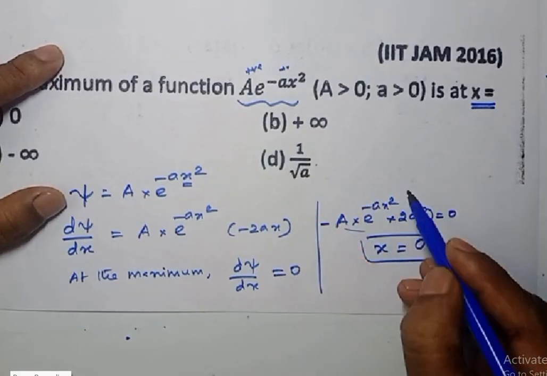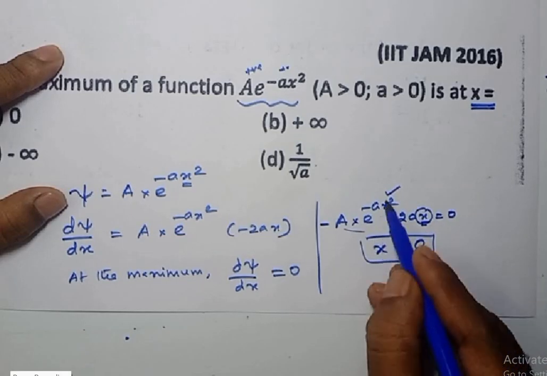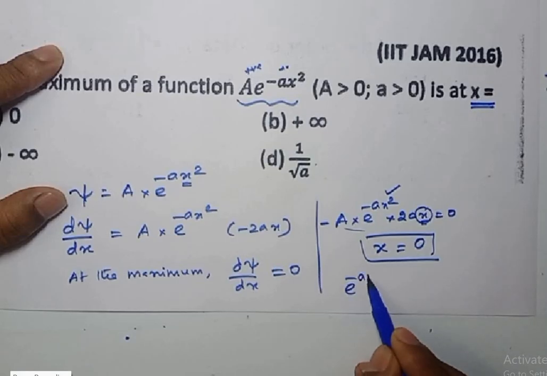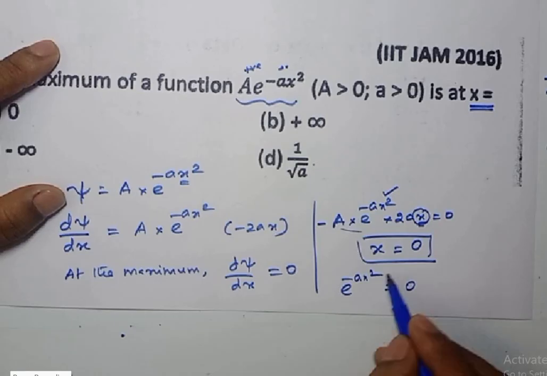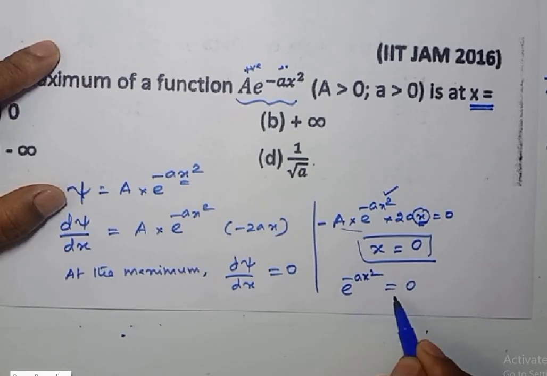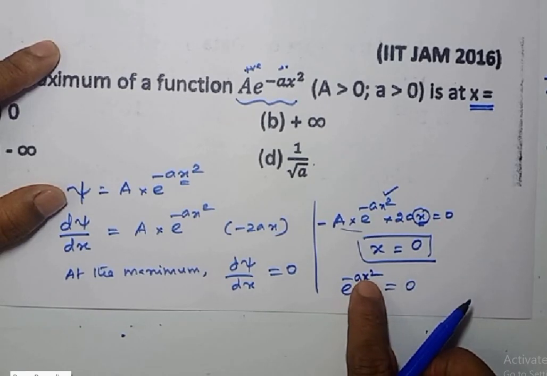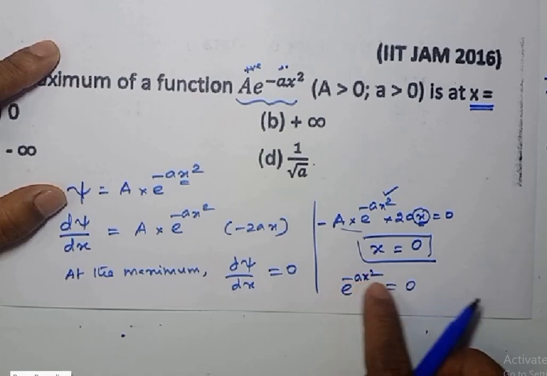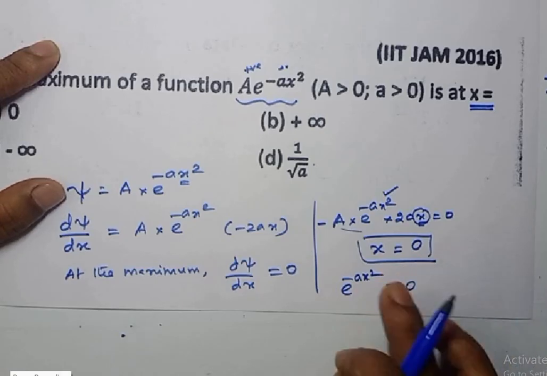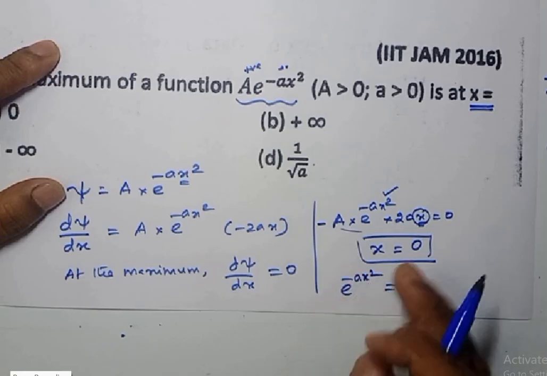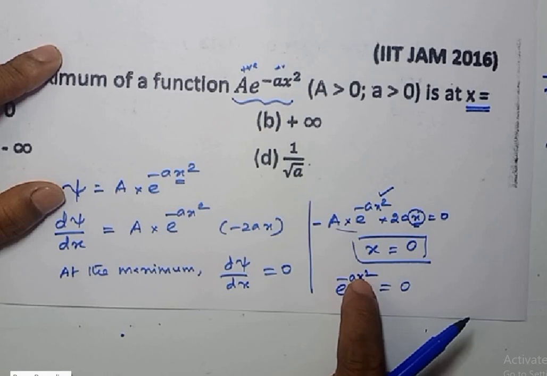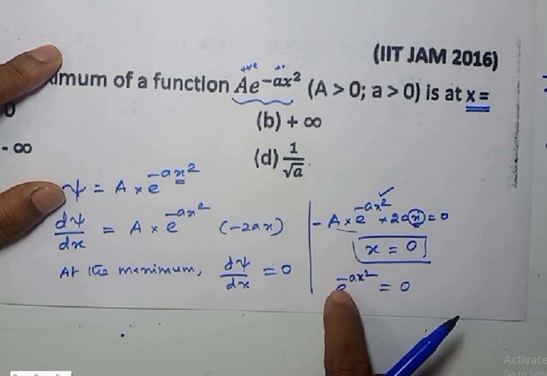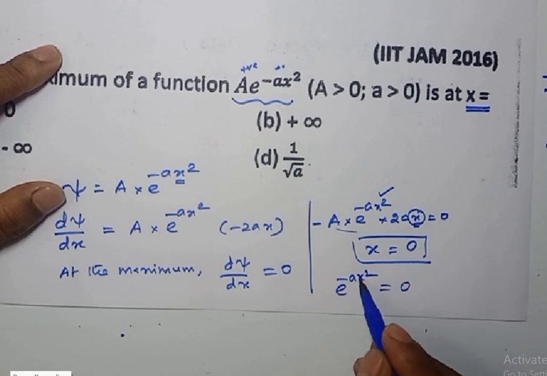What's the other possibility? Here we have x square. So keep this term e power minus ax square as such, bring all the terms to the right hand side, that becomes 0. Now, e power minus ax square is 0. What value of x will make e power minus term 0? It is very simple. x should be plus infinity or minus infinity. If you put plus infinity or minus infinity, e power minus infinity, then x can be plus or minus, but I have x square here.